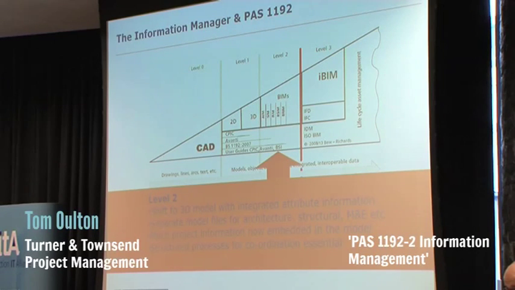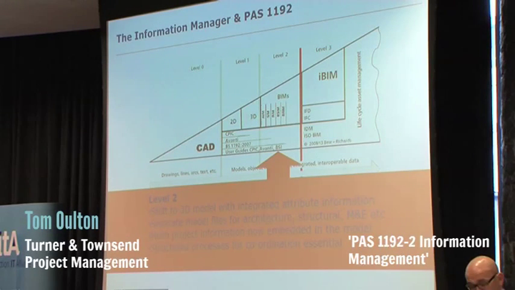It's a shift to a 3D model with integrated attribute information. We've got separate model files for architecture, structure, M&E, etc., which we bring together to do our clash detection and make sure that everything's fitting. We use those to progress the design and also to make construction on site an awful lot easier. And we've got a more structured process for the coordination, where we get together on a regular basis and check everything out.